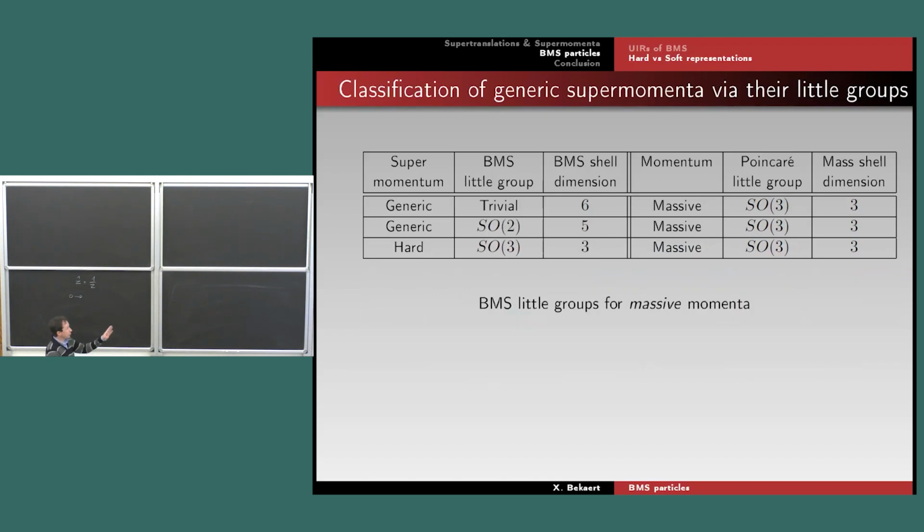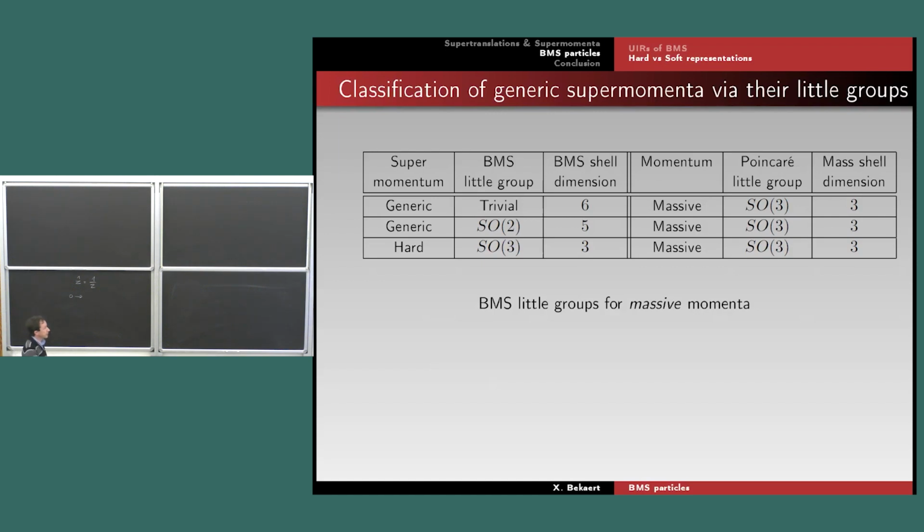Now let's look, just to give you a flavor, at what happens for massive momentum, so supermomenta whose projection is a massive momentum. You can have a trivial BMS little group, in which case, again, the orbit is 6-dimensional, but you can also have a BMS little group which is SO(2).